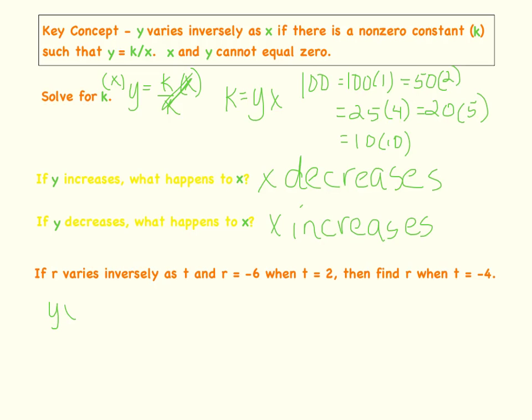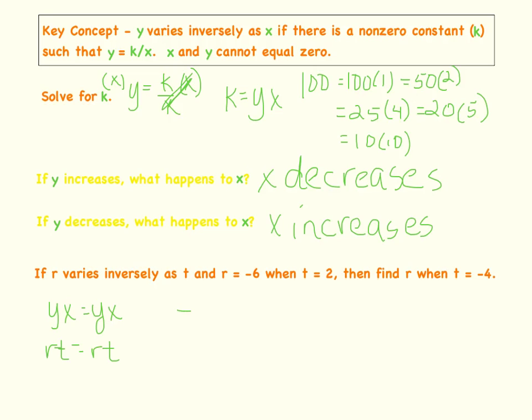And yes, you could put xy equals xy. Oh, and in this example, the y is the r and the t is the x. So we would have rt equals rt.